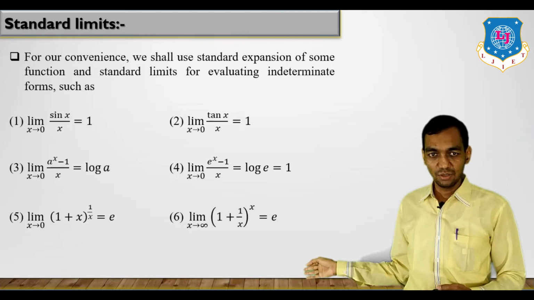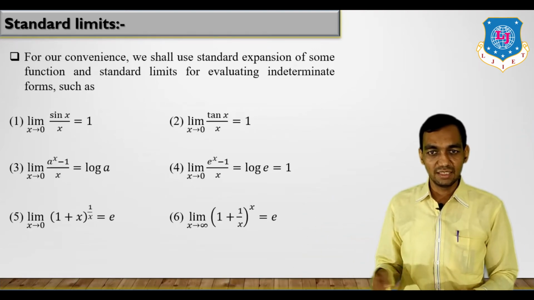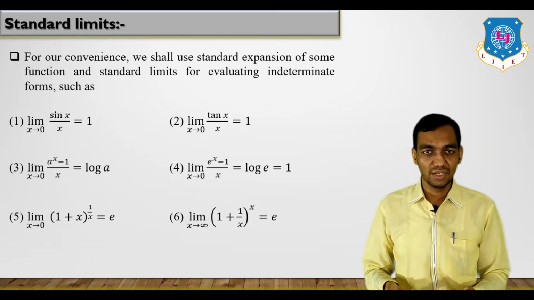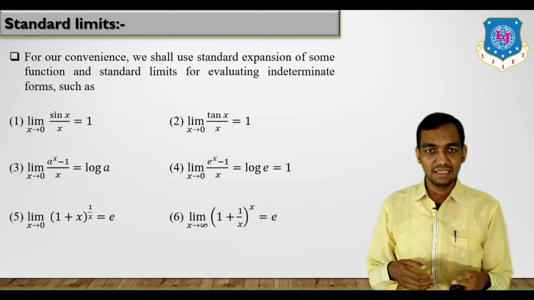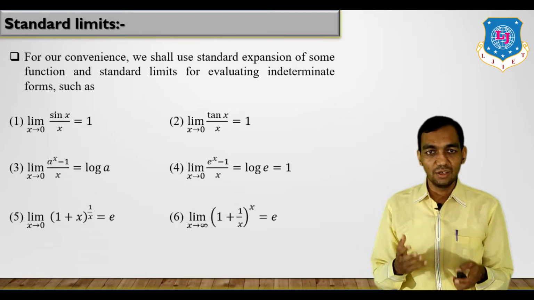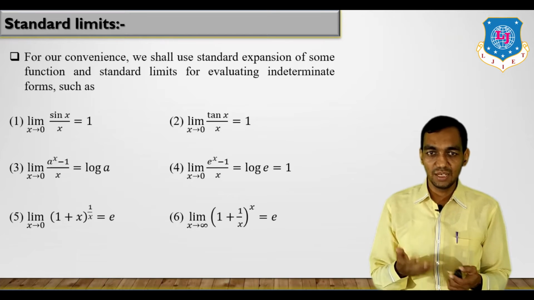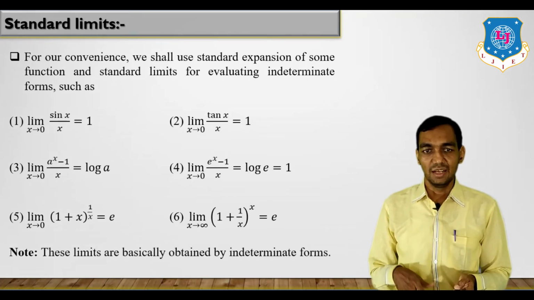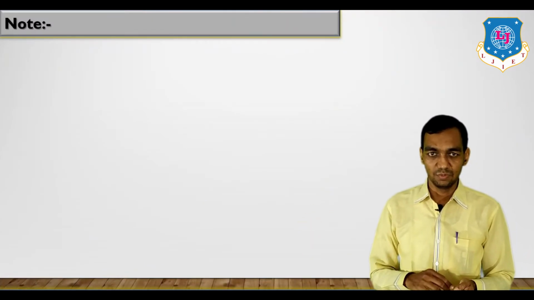Limit x tends to 0 of (1 plus x) raised to 1 upon x has a value e, and in the same manner limit of (1 plus 1 upon x) raised to x also has a value e. Okay. These are some standard limits. Whenever it is needed to put the values directly, in that case we are going to use them directly, otherwise we are going to apply L'Hopital's rule. Okay, please remember this. And basically all these limits are obtained from indeterminate forms.